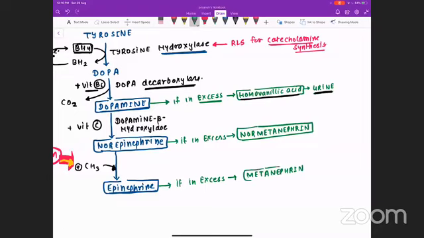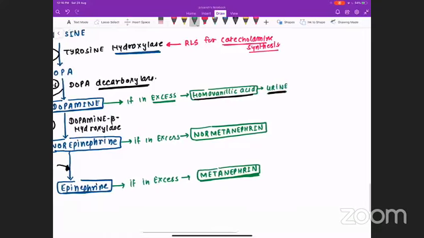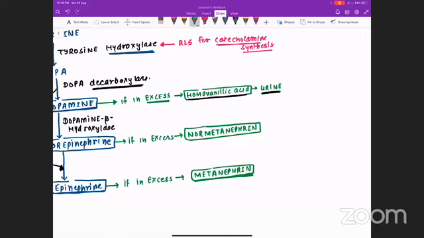So if there is an excess amount of norepinephrine or epinephrine, then there will be an excess amount of normetanephrine and metanephrine. These molecules can come into urine directly.